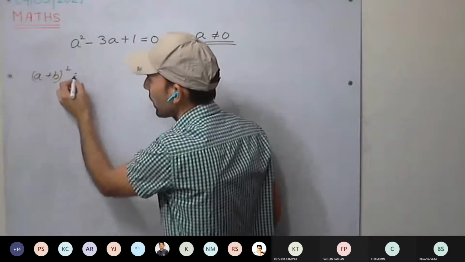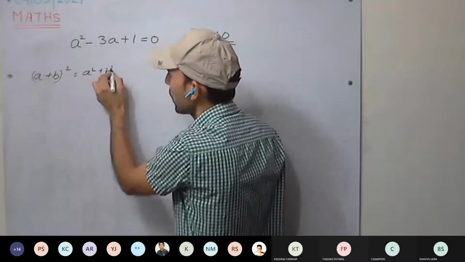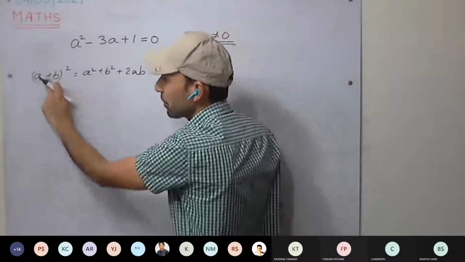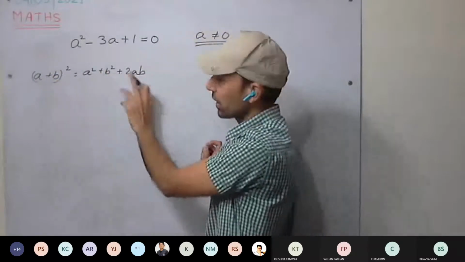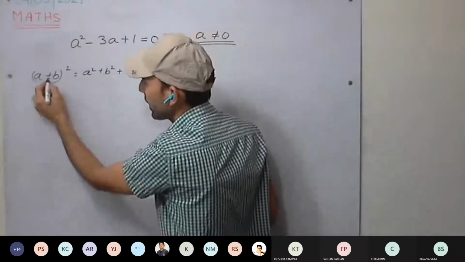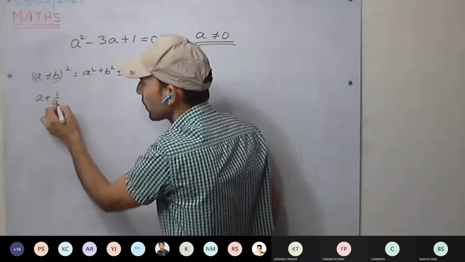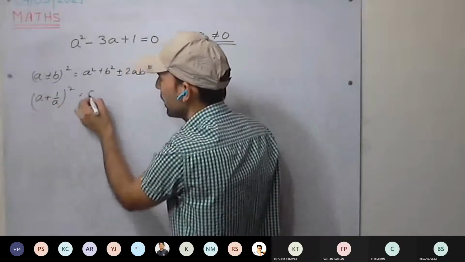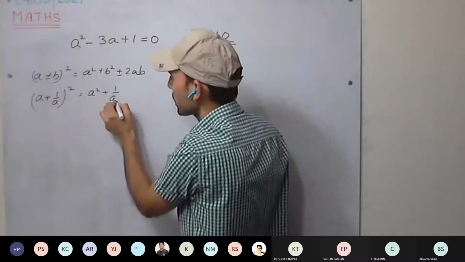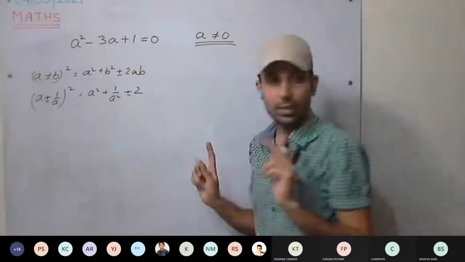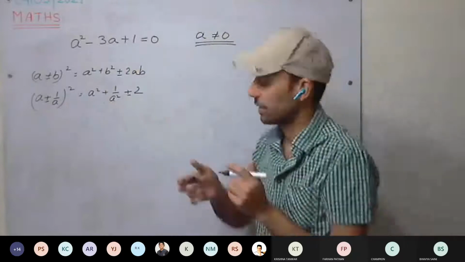A plus b the whole square equal to a square plus b square plus 2ab. And if minus is there here, it will be minus here. Next one, a plus 1 upon a the whole square equals a square plus 1 upon a square plus 2. If it is minus here, it will be minus. You remember these identities?